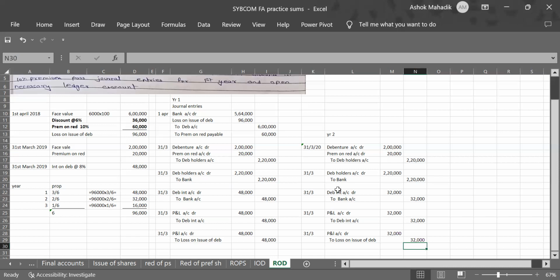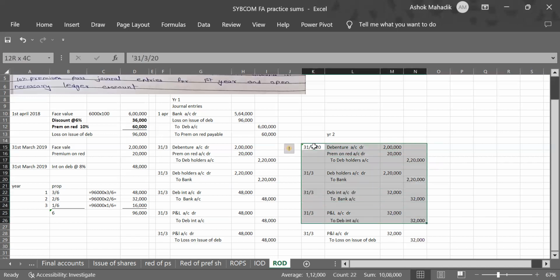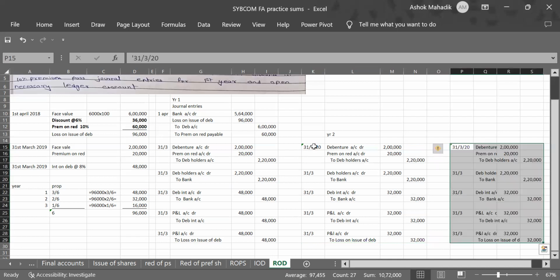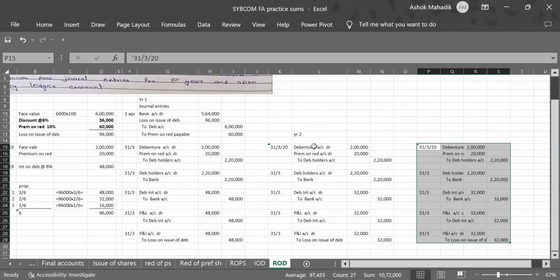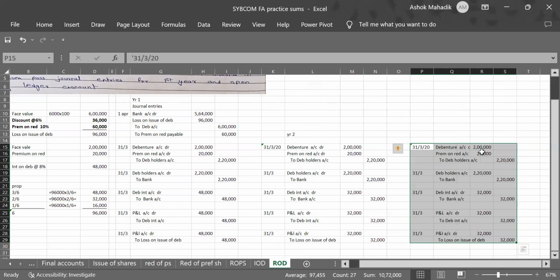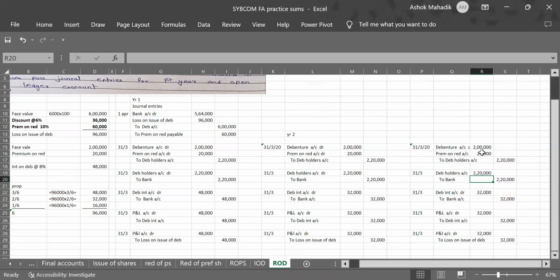Now for year 3 again, the same entries will be there, right? So even for the third year, entries will be the same. The only thing is that the amount will change a little bit. The first entry of redemption will be the same. 2 lakhs, 20,000 premium. Then we pay the debenture holders 220. Now debenture interest will again reduce.